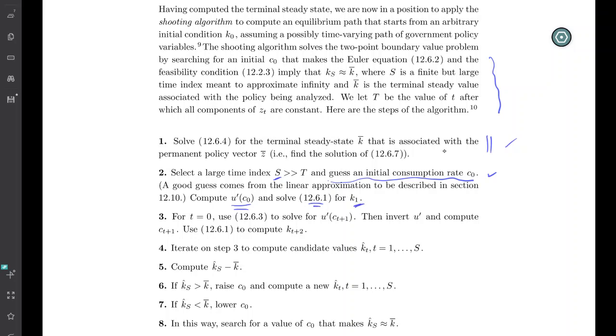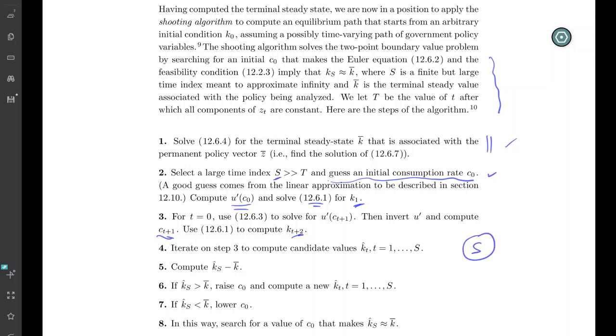And once we know K1, we can solve for U prime of C1. If we know U prime of C1, we can compute C1. Then we're going to compute K2, and we're going to iterate all the way out to S.